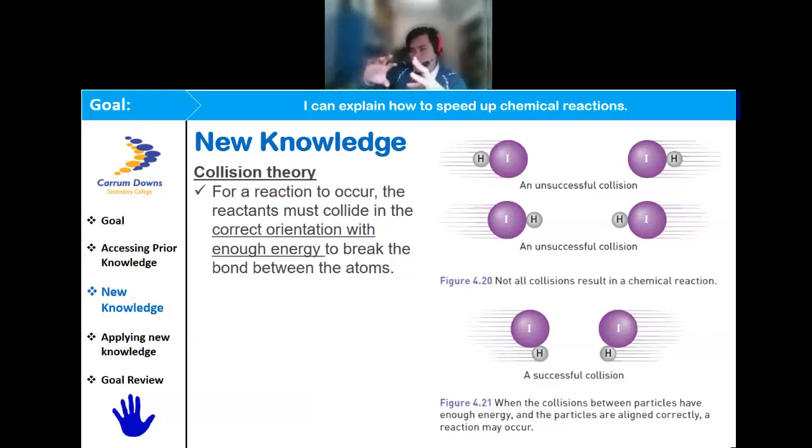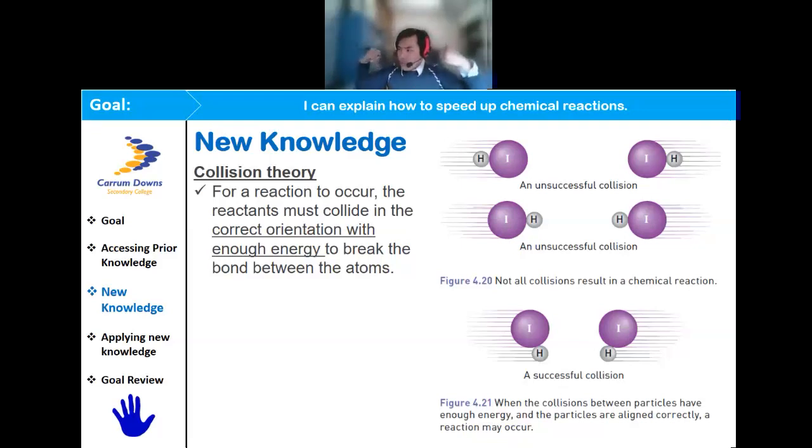Correct orientation means they have to collide the correct way. They must line up the correct way before the collision. And also they need to collide with enough energy. If they come together gently, it's not enough energy.